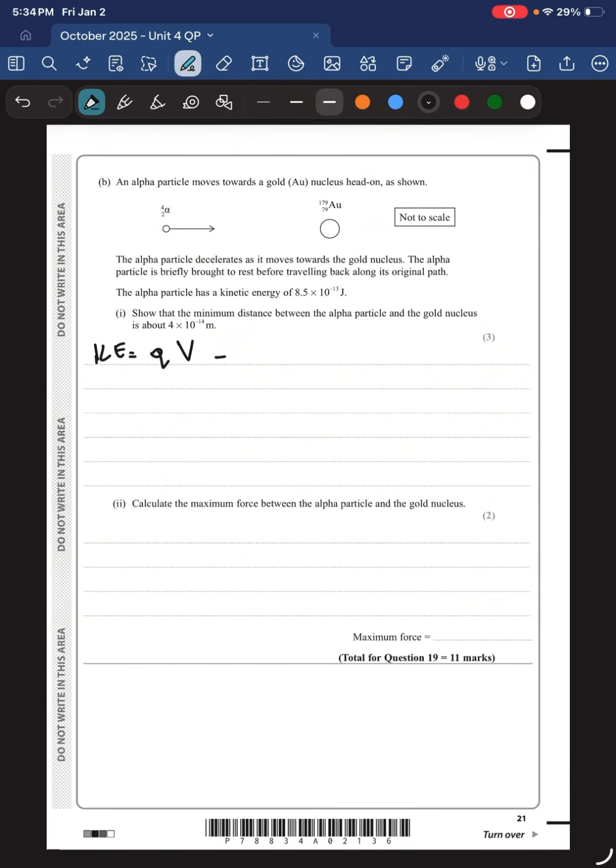So 8.5 times 10 to the negative 13 joules should equal the charge of the alpha particle, plus 2e, times the electric potential of the gold nucleus, 1 over 4 pi epsilon naught times 79e, which is the charge of the gold nucleus. We take it from the proton number, right? And then we have to divide by r, and this is the r we are looking for.